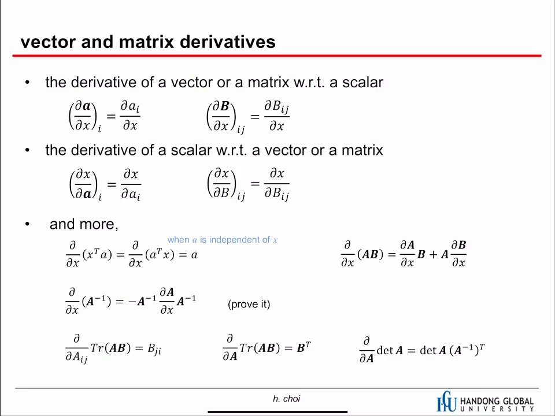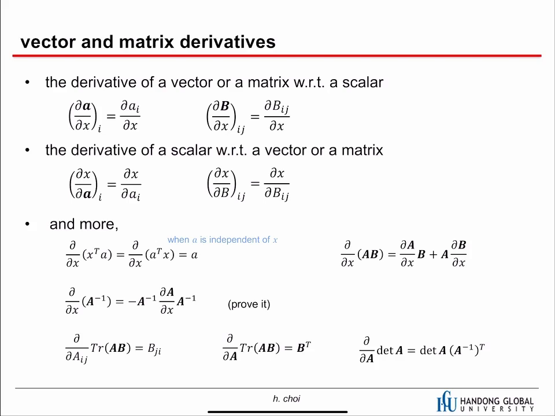Okay, and then the next one is vector and matrix derivatives. We already talked about function derivatives, right? The derivative of a vector or a matrix with respect to a scalar is simple.